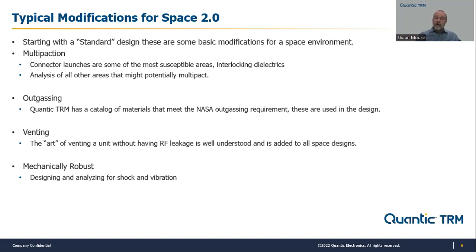And very often this means going with interlocking dielectrics in order to alleviate the opportunity for an air gap to happen, and have that vacuum area for an electron to jump across and cause the multipaction failure.